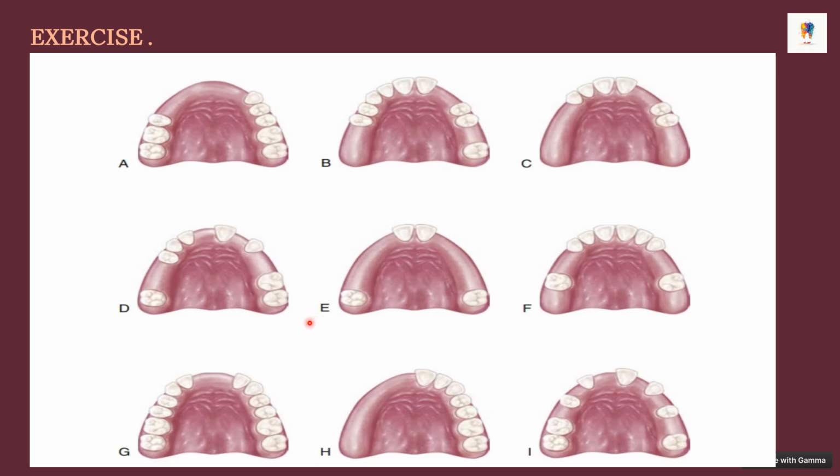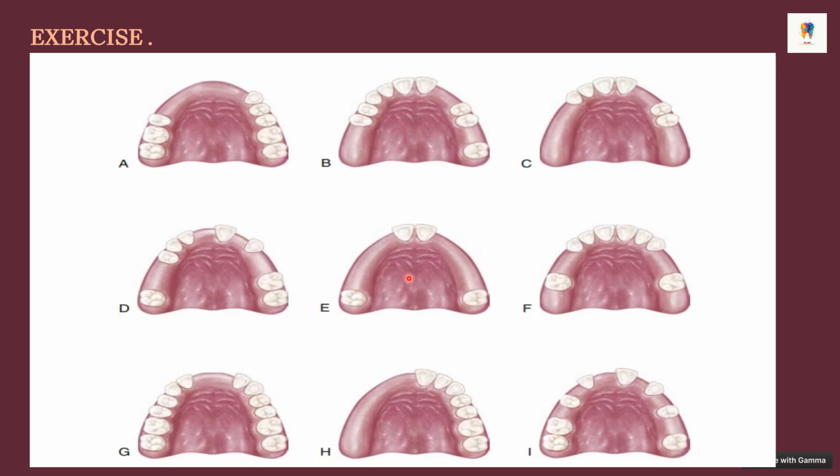Then you have this. See here, multiple missing areas. Which one is the most posterior area? This. And which class is this? Class 3, and how many modifications? 1, 2 and 3. So class 3 mod 3. I hope you're getting what I'm doing here. So both are the same; you can consider either this most posterior or this most posterior, and the other one is going to be a mod.